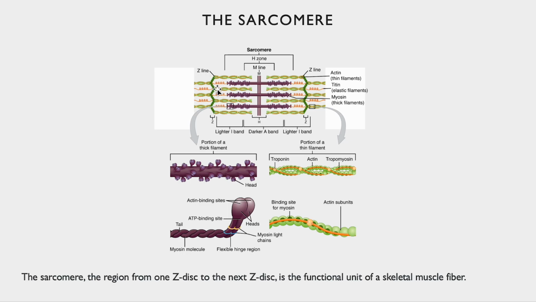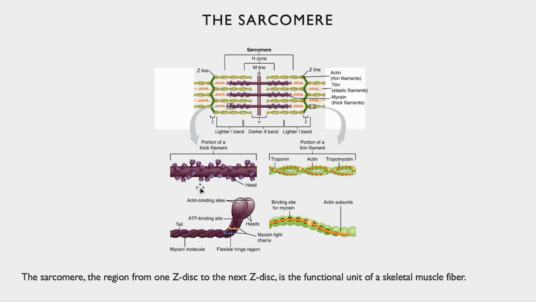That's why when we see the muscle under the microscope, we see these striations, because there are lighter and darker areas. The areas where we have only actin are going to be lighter, and the areas where we have the thick filament, myosin, are going to be darker.